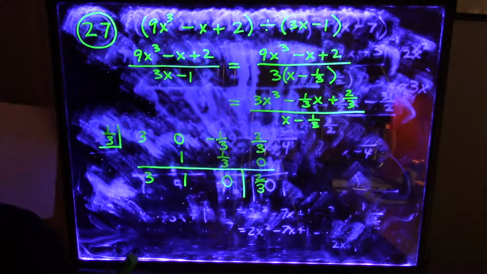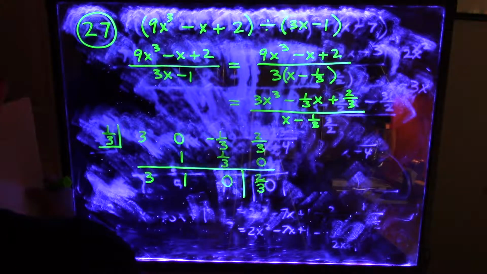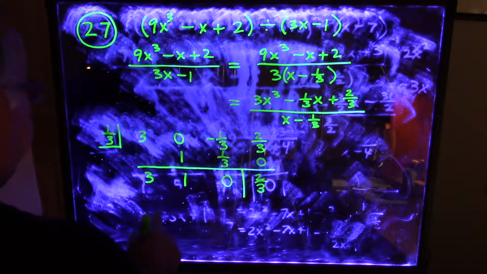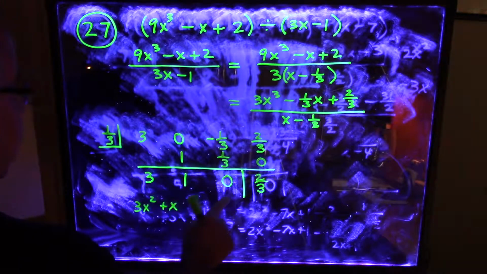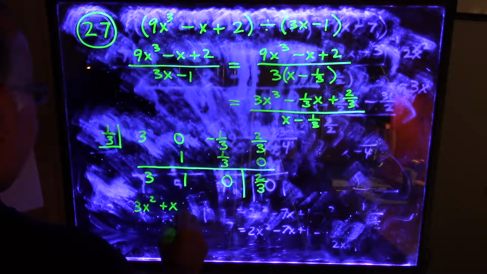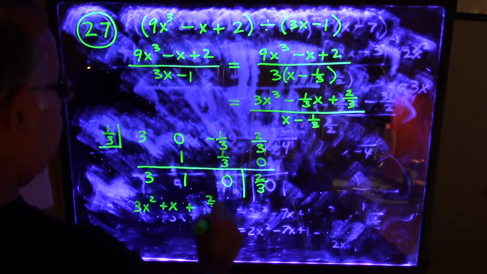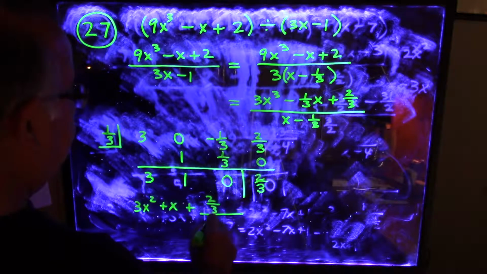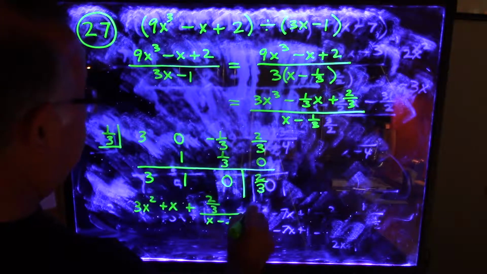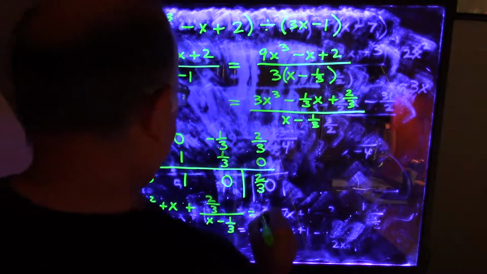The answer is 3x squared plus x, and there's no constant term, and then plus 2/3 over x minus 1/3, the divisor there. So that's 3x squared plus x.